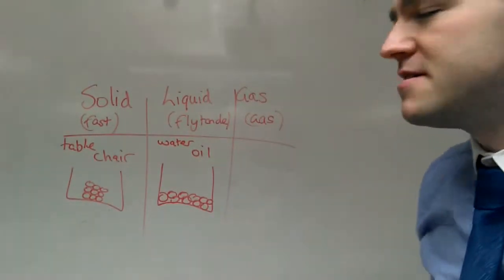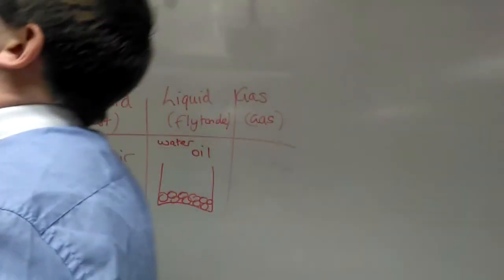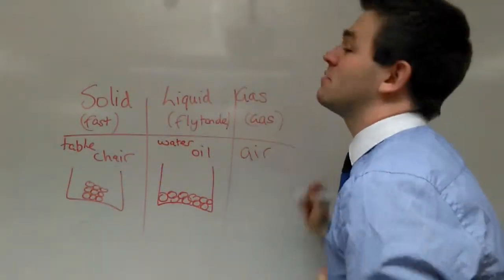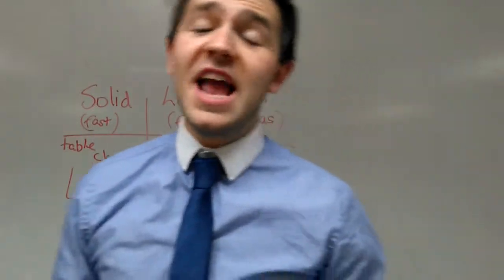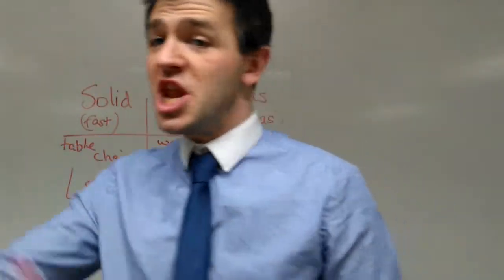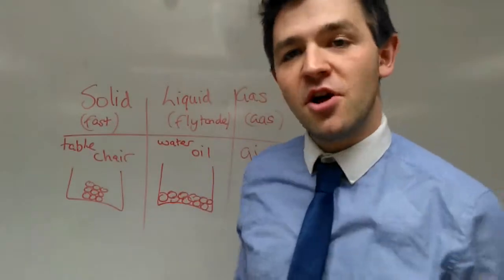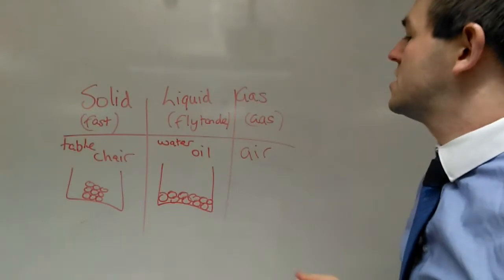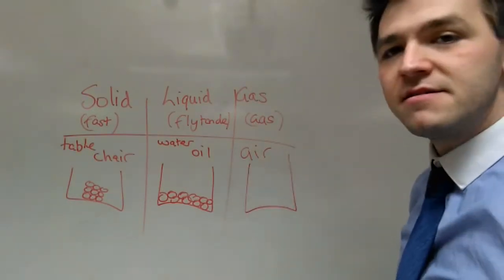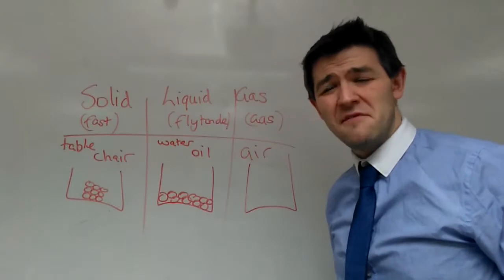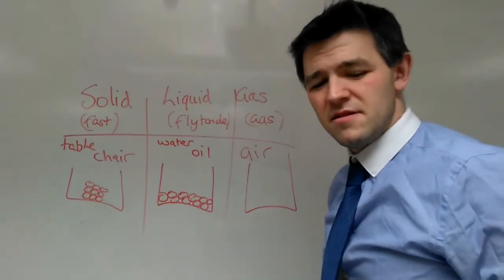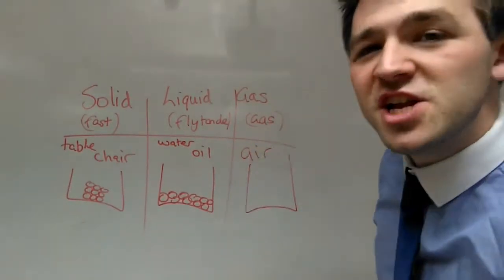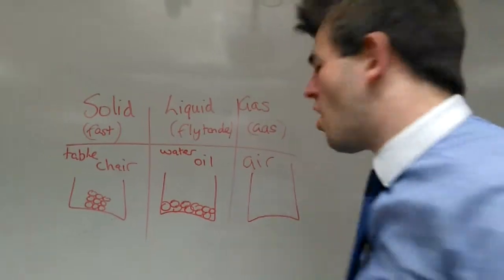The gas, of course, like the air around us, and the air is, of course, the most important gas that we have. In the air, there's lots of other gases. So there's nitrogen, there's oxygen, there's carbon dioxide, different gases that live in the atmosphere around us. If I have air in here, well, air goes kind of everywhere. If I put air in this box, it's not just the bottom, it's in every single direction. It's moving so fast, it's moving all around, all at the same time.